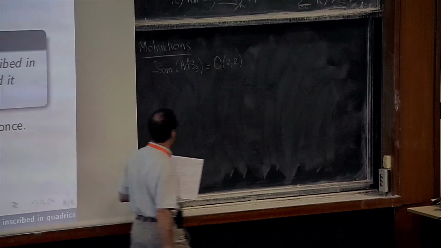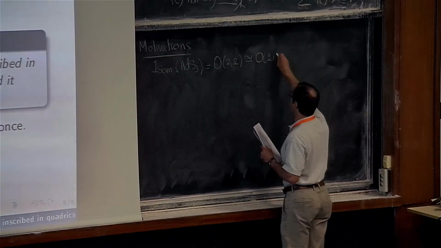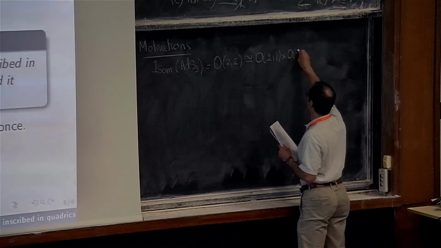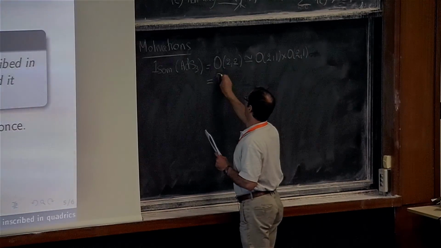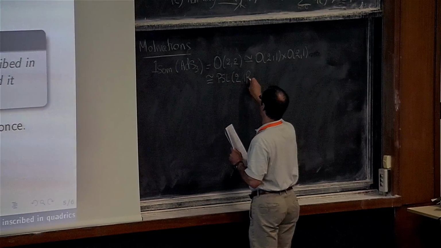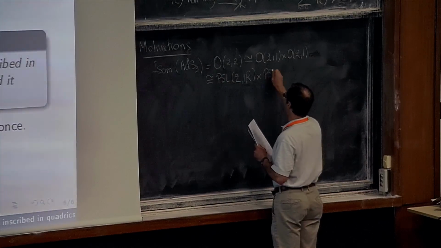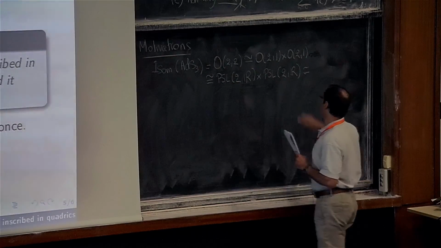But up to finite cover, this can be decomposed as O(2,1) cross O(2,1), and it can be written also as PSL2R cross PSL2R, up to finite index. And there is another way to write it, which is very interesting for us too.